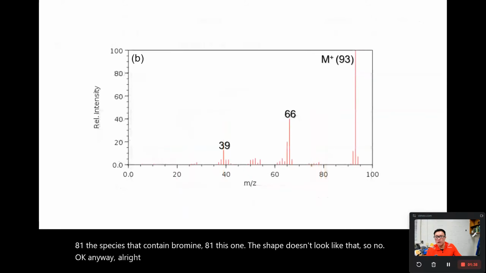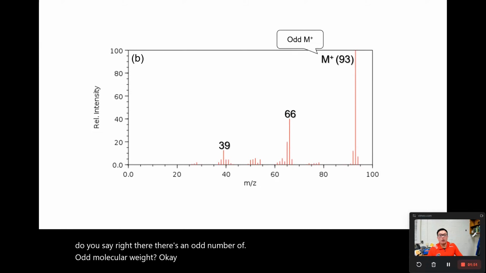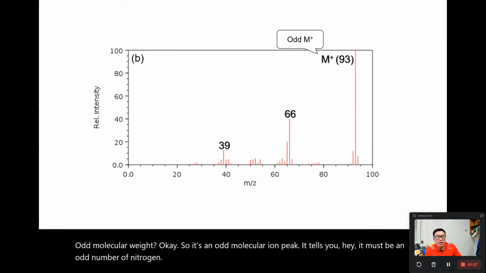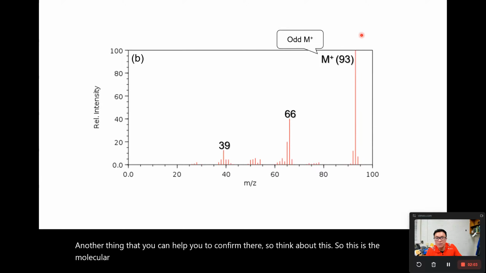Next one, spectrum B. Let's see, what do you see right there? There's an odd molecular weight. If it's an odd molecular ion peak, it tells you, hey, it must be an odd number of nitrogen. Another thing that can help you confirm this: this is the molecular ion peak, the peak of the intact molecule.